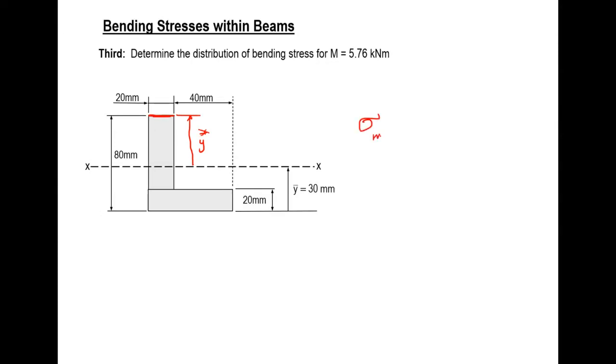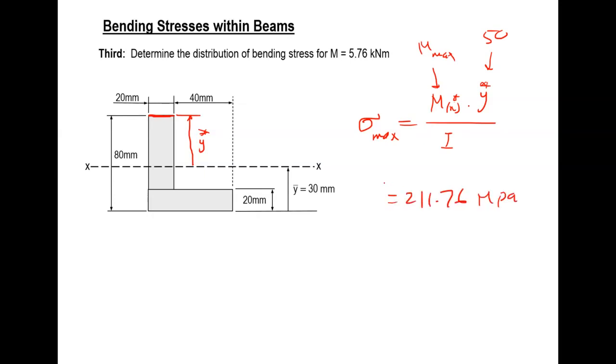Now we managed to find the maximum internal stress due to the bending to be M of X star, that is the maximum M, multiplied by Y star, that is 50, divided by I.